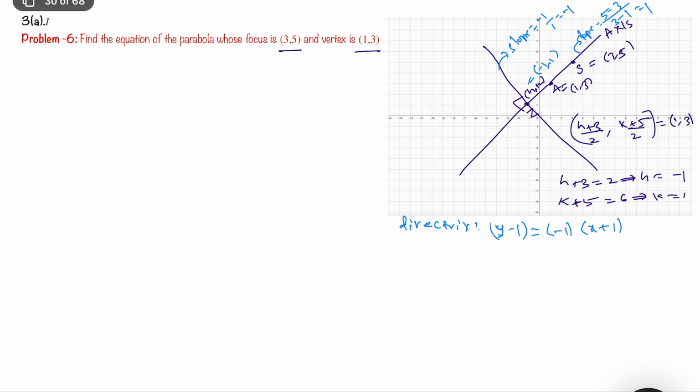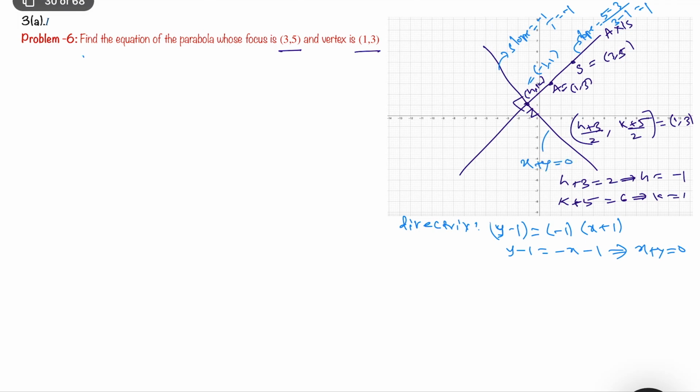Okay. This is the line passing through (minus 1, 1) and having the slope minus 1. So this should give you y minus 1 equal to minus x minus 1. So we have x plus y equal to 0. Okay. So this directrix line is x plus y equal to 0.